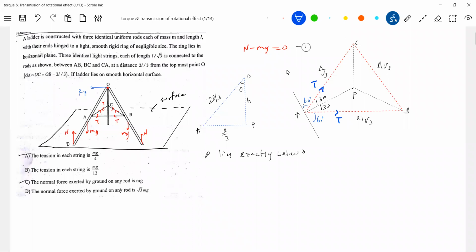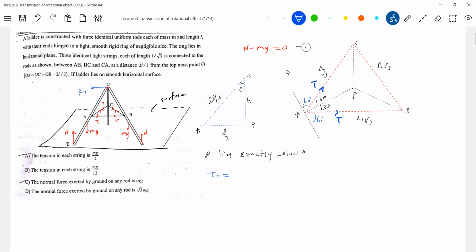Now about point D, if I apply torque, mg I know, but the tension I don't know, Rx also I don't know. So what is the best thing? Let me define the torque about O. Mg we know, the mass of the rod, and the tension is the unknown I'll calculate.